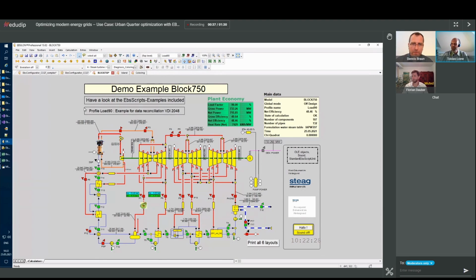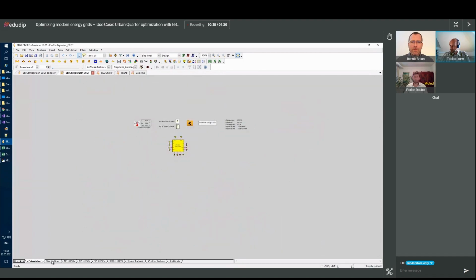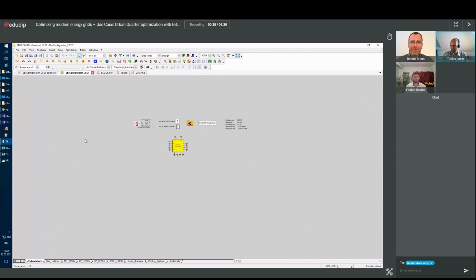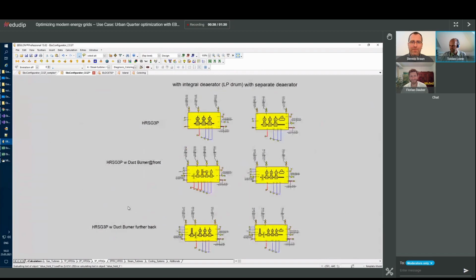If you want to be more complicated, we have a configurator for gas turbine models, which is quite elaborated. You can click a complete gas turbine model faster than Florian did his simple model. I take here the gas turbine.